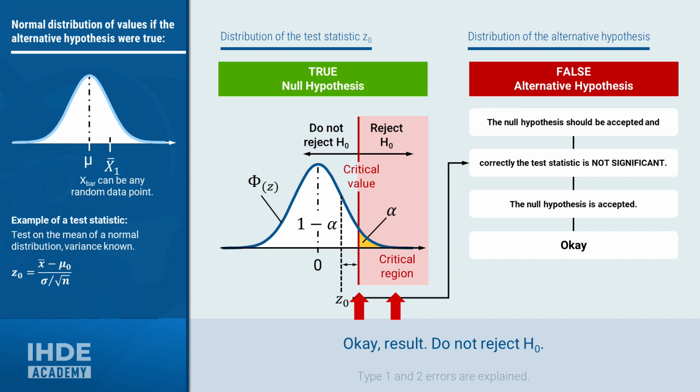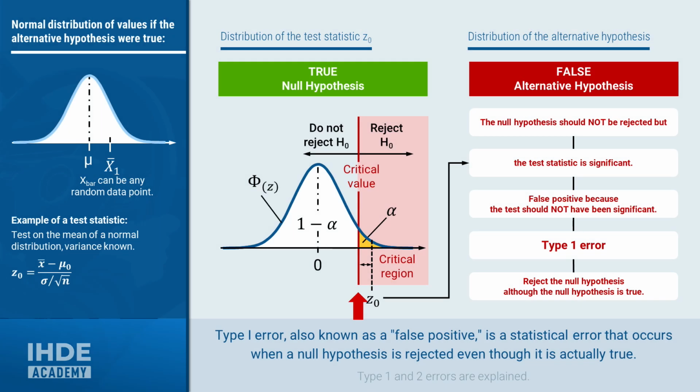So, any value to the right of the critical value would cause us to reject the null hypothesis. If, as seen in this example, the test statistic Z0 is outside the critical region, then the null hypothesis is not rejected. So it is accepted. The result is not significant. The right decision.